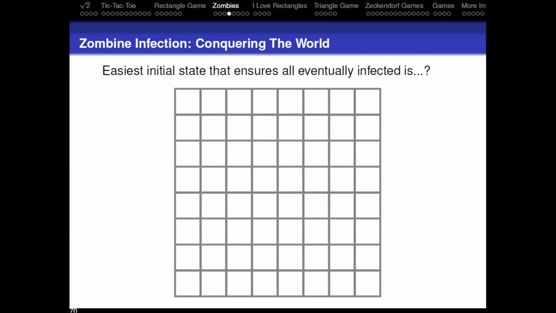The simplest configuration. So you need to give me a configuration that's going to ensure that eventually everybody's infected. There's a very simple solution that makes sure that everybody's infected.